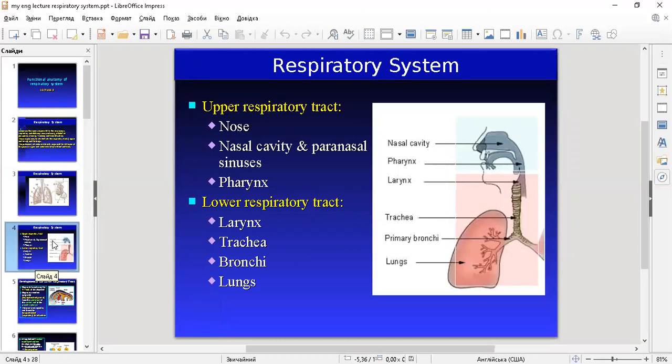Respiratory system consists of upper respiratory tract and lower respiratory tract.